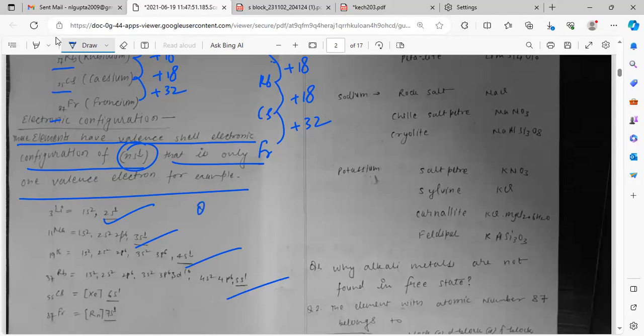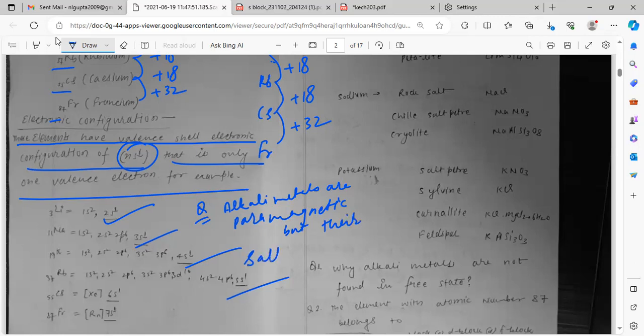Now, how do they ask the question? Alkali metals are paramagnetic, but their salts are diamagnetic.